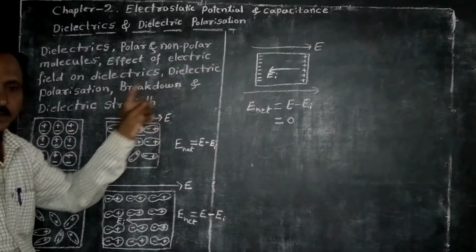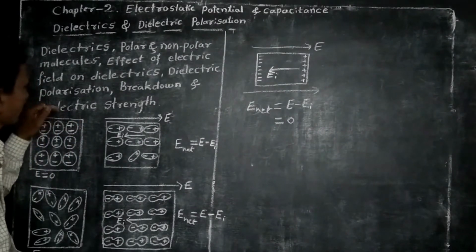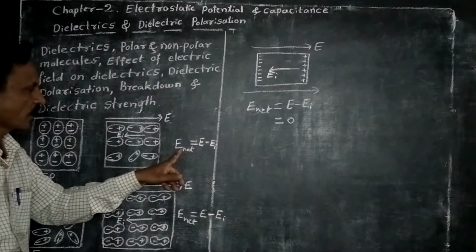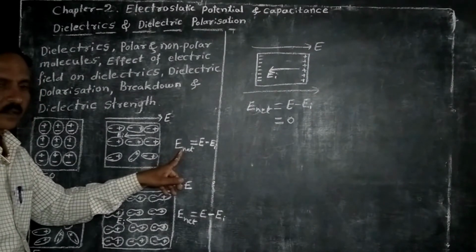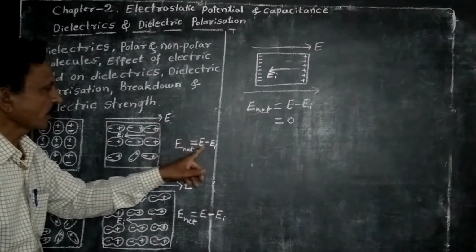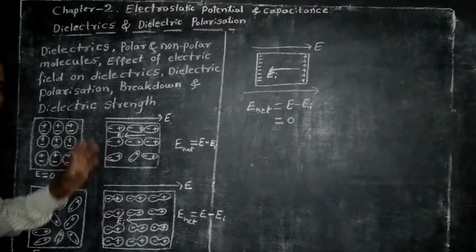During dielectric polarization the net electric field decreases and it is equal to the applied electric field minus the induced electric field.